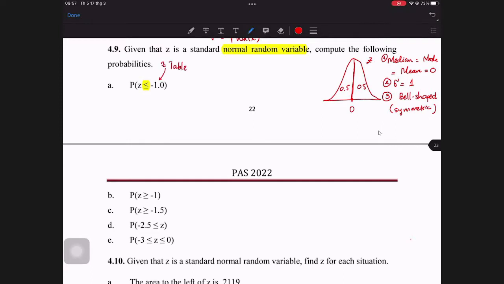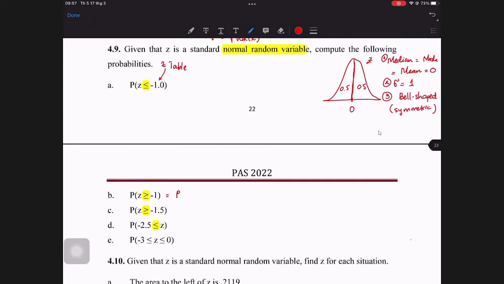If the question asks you to find the probability that Z is greater than something like this, then the idea here is we can easily convert it into a probability that we can look up in the tables.